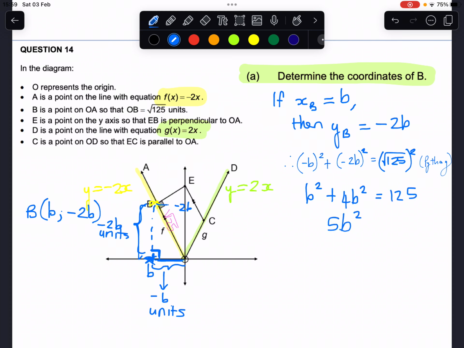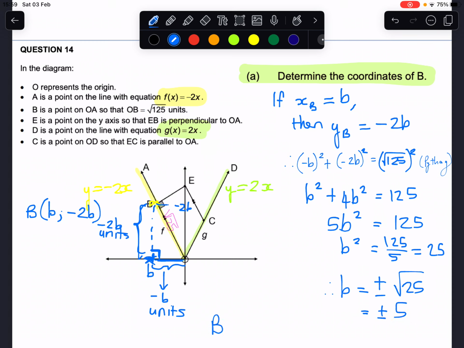We now have 5b squared is equal to 125. So b squared is equal to 125 over 5, which is 25. And therefore, b could be plus or minus the square root of 25, which is plus or minus 5.